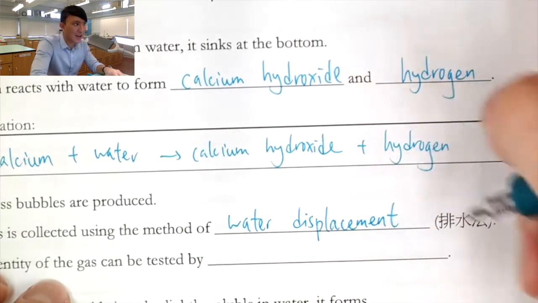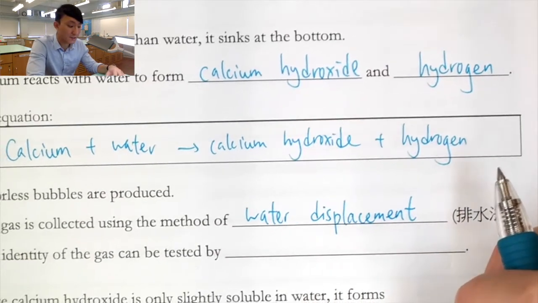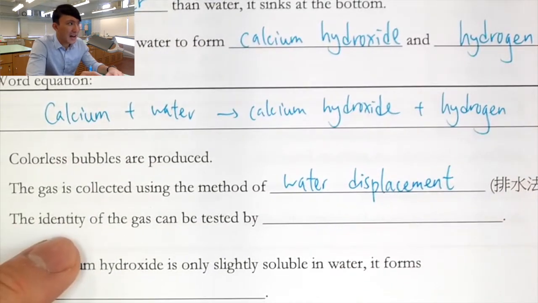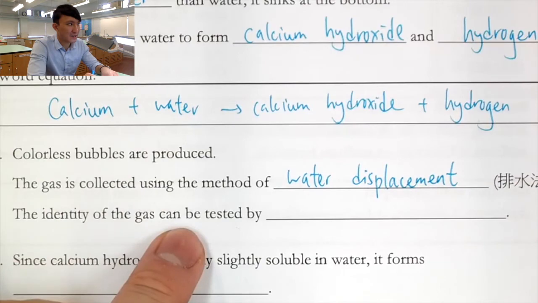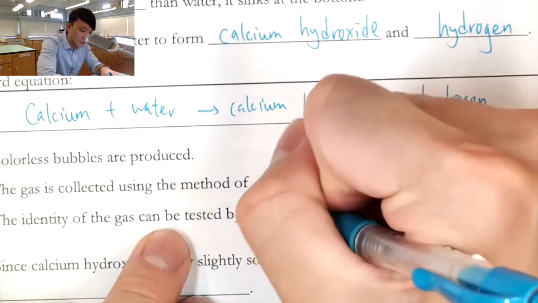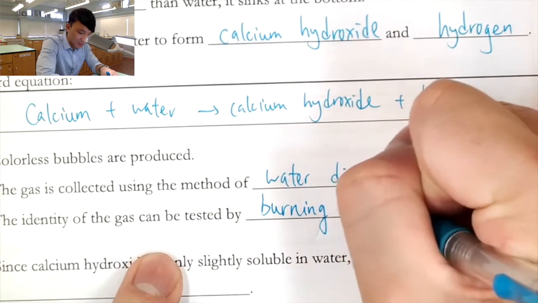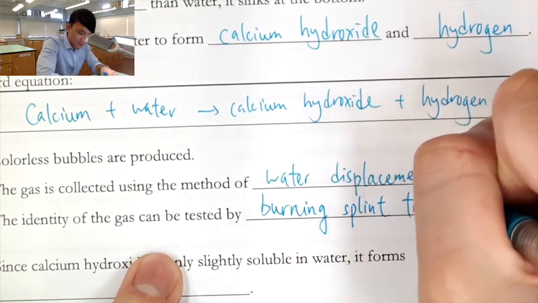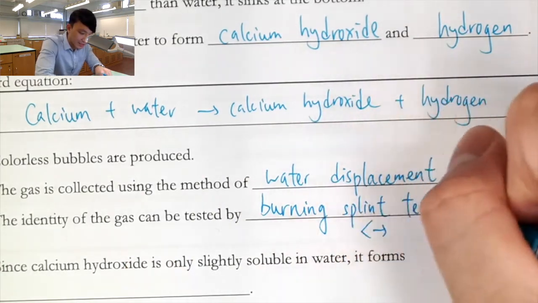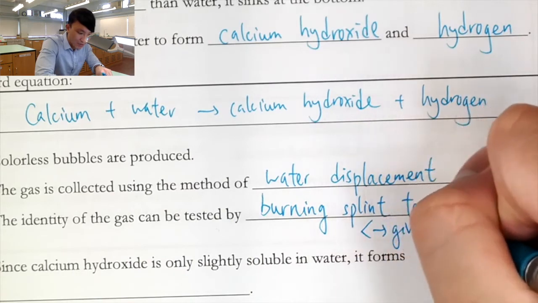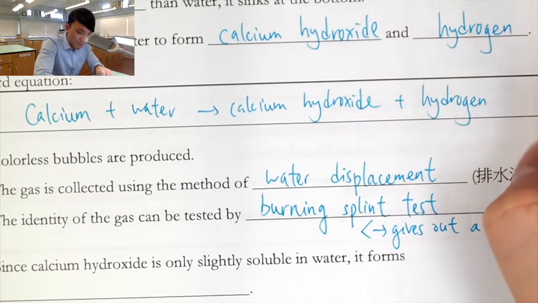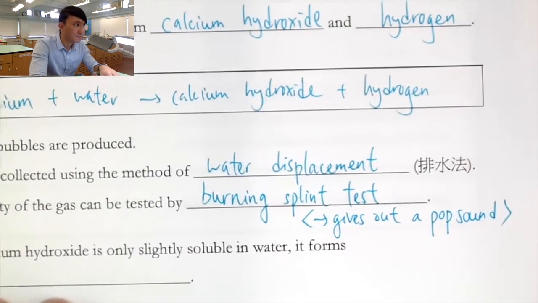In fact, we learned about this in Form 1 science. And the identity of the gas can be tested by, of course, the burning splint test, which gives out a pop sound. Okay?